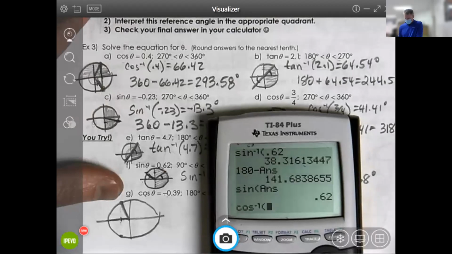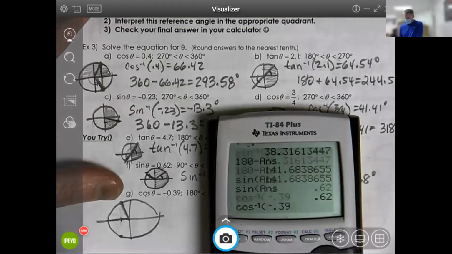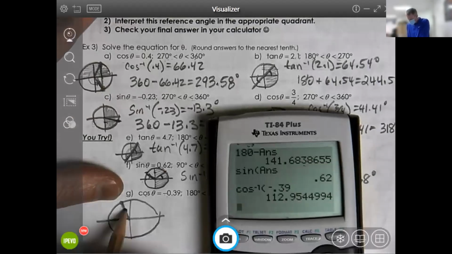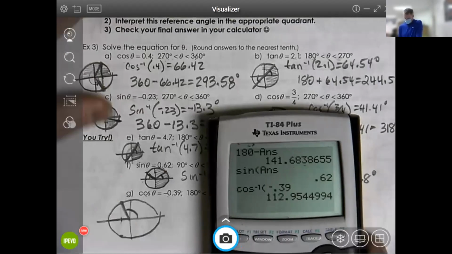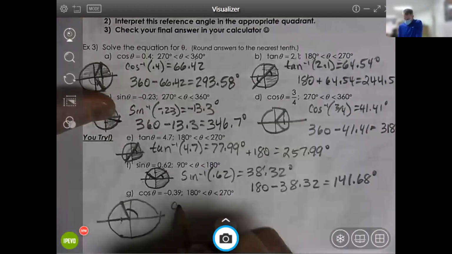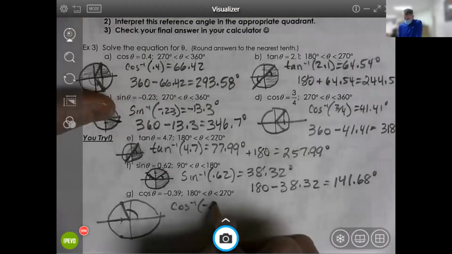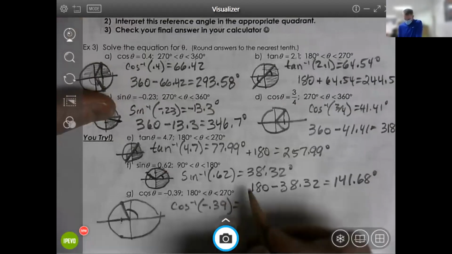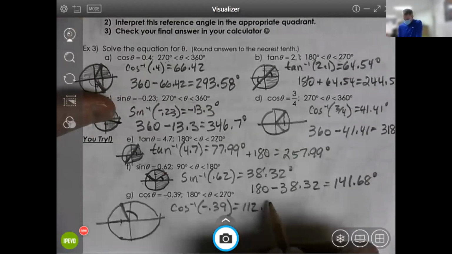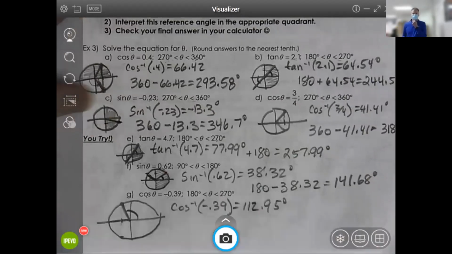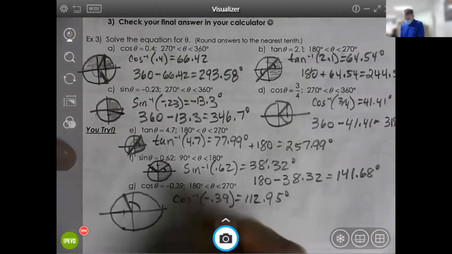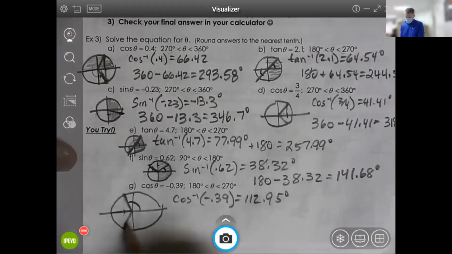Cosine inverse of negative 0.39, we're going to get a 112 degree angle. So cosine inverse of negative 0.39 is 112 degrees, 0.95. Now the other location that has that is down here, which would be 112 degrees from there.